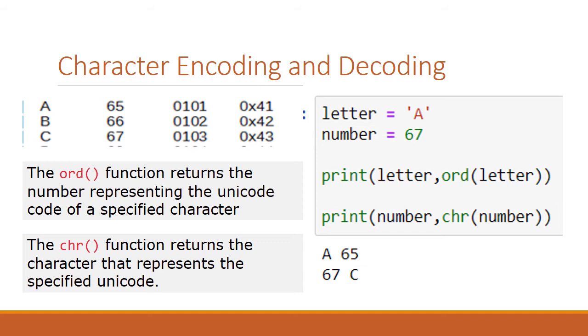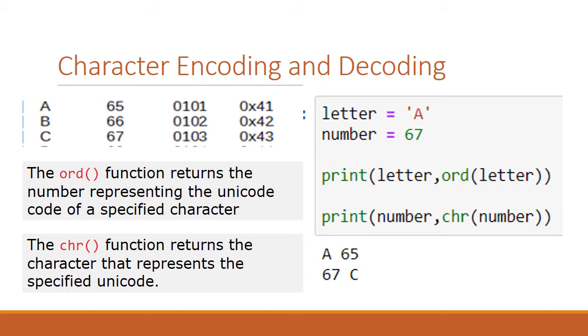So for example, in our chart, we saw that the decimal value for an uppercase A is 65. The decimal value for an uppercase C is 67. So in our sample program, we assign the variable letter the character A, and we assign the variable number the integer value 67.